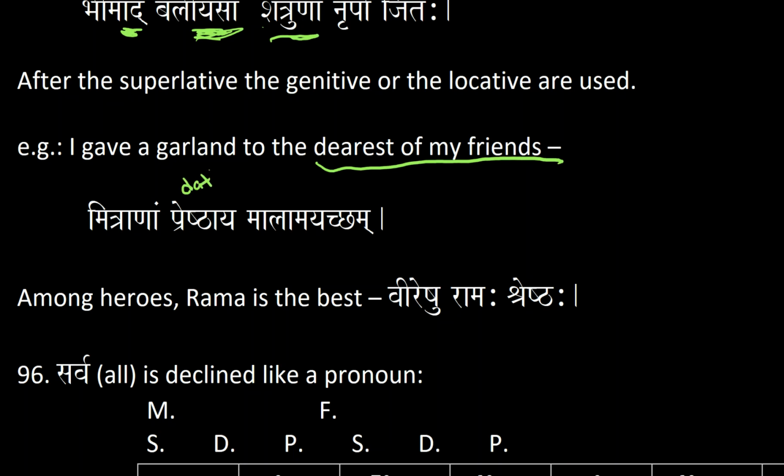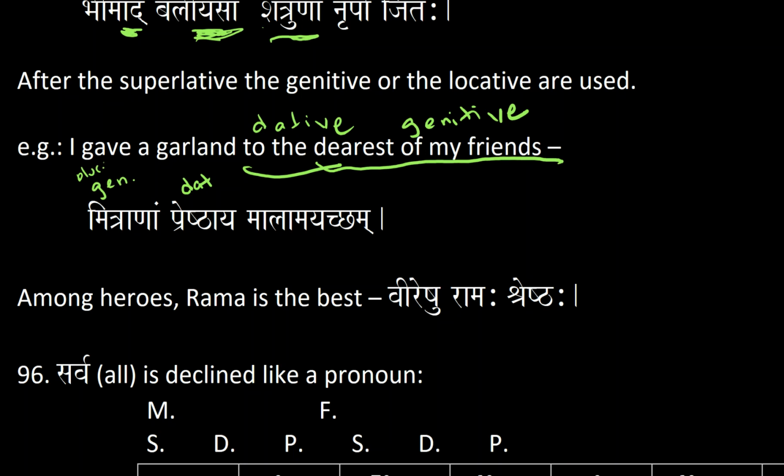But notice how that's to the dearest is dative. So to the dearest is dative. But then of my friends, that is genitive. So mitrānām is genitive, plural. Of my friends, plural.